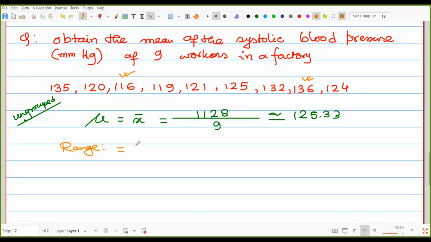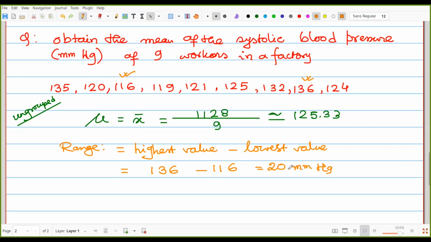So range equals the highest value minus the lowest value, 136 minus 116, which is equal to 20 millimeters of Hg. So that is our range for the ungrouped data. That means it is very simple to calculate.